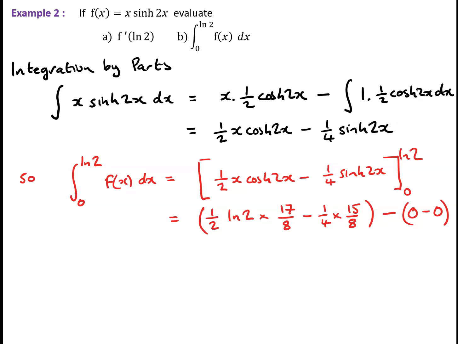So when I substitute ln 2 in, the value of my expression is a half ln 2 times 17 over 8 minus a quarter times 15 over 8. When I substitute x equals 0 in, I simply get 0 take away 0. So my final answer for the integral is going to be 1/32 of 34 ln 2 take away 15.